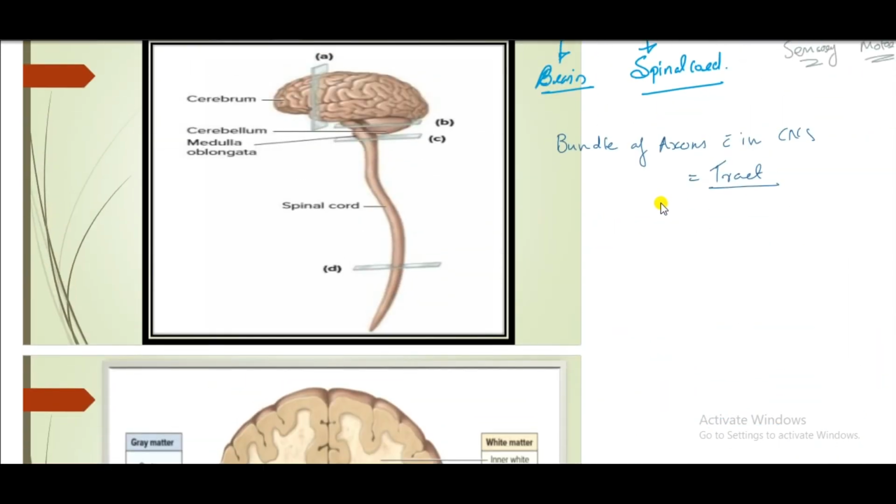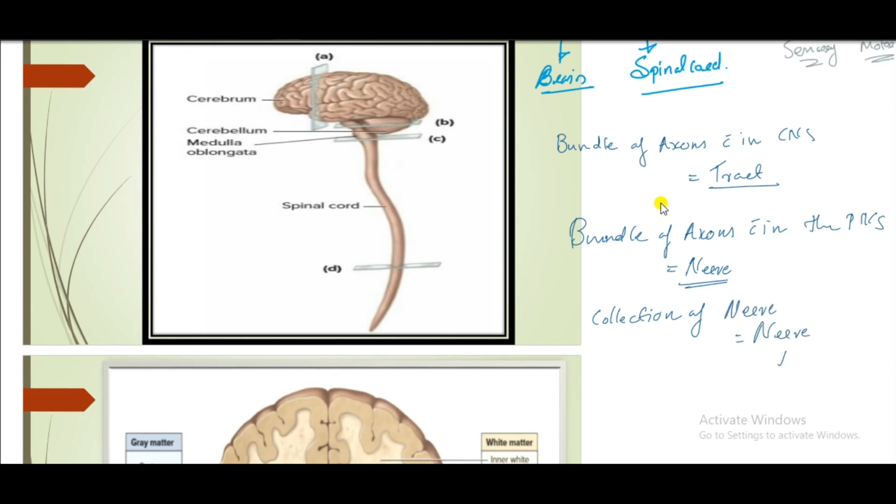The bundle of axons within the central nervous system is known as a tract, and the bundle of axons within the peripheral nervous system is known as a nerve. The collection of nerves is a nerve plexus.